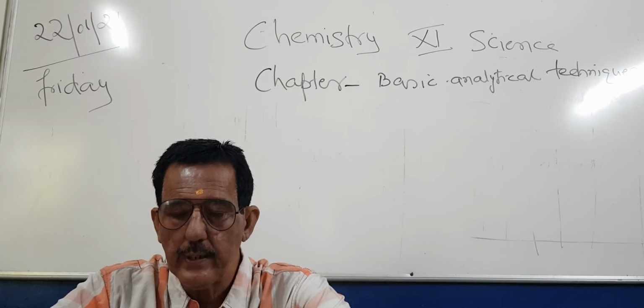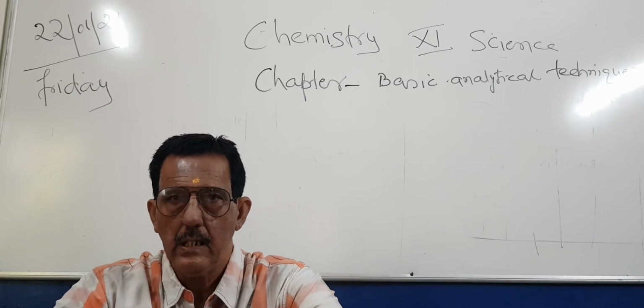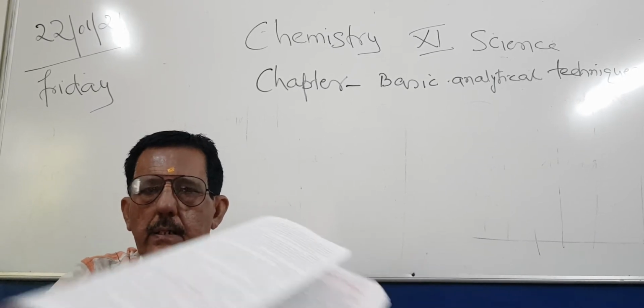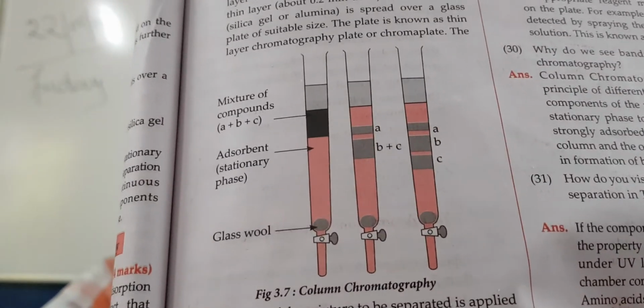The plate is known as a thin layer chromatographic plate or chromoplate. This is also called in short form TLC. TLC means thin layer chromatography.